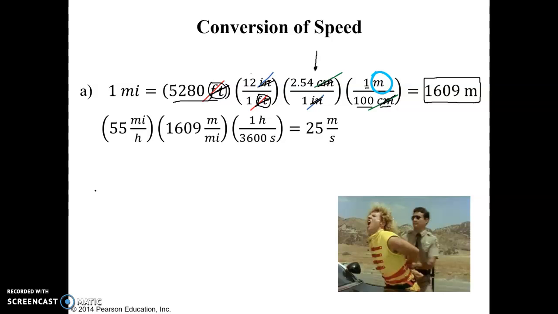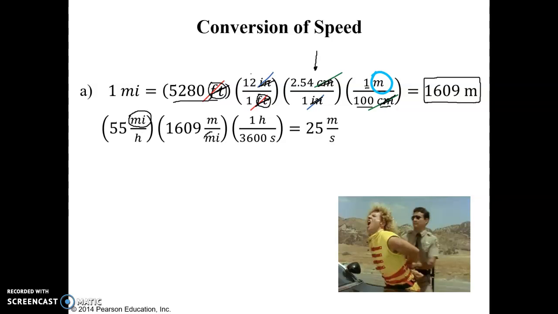Okay, now if we specifically want to look at 55 miles per hour, we first want to convert the miles, and then we can convert the hours to seconds. So let's first convert the miles. So we've got 55 miles. Miles here is on top of our miles per hour ratio.